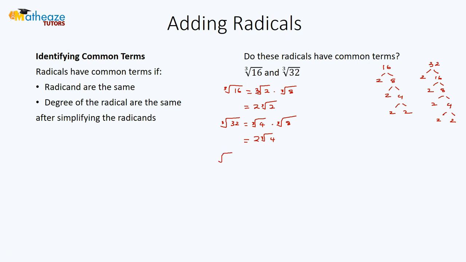So the cube root of 16 is 2 cube root of 2, and the cube root of 32 is 2 cube root of 4. We can see here that the radicands are very different, so these two do not have common terms.